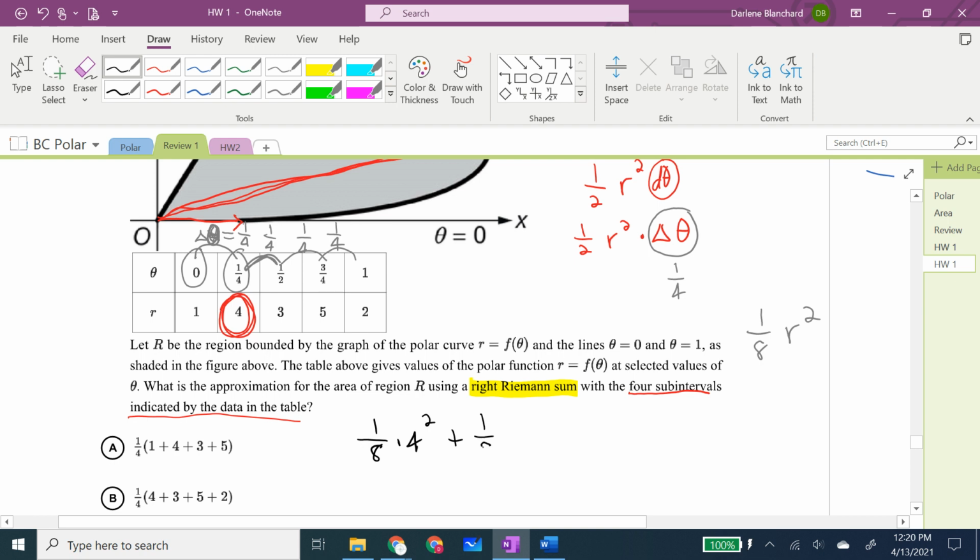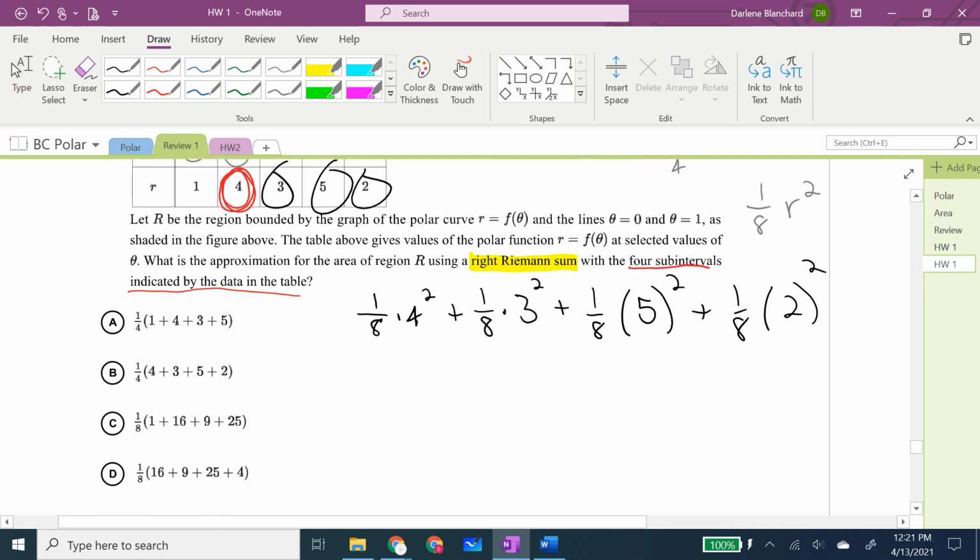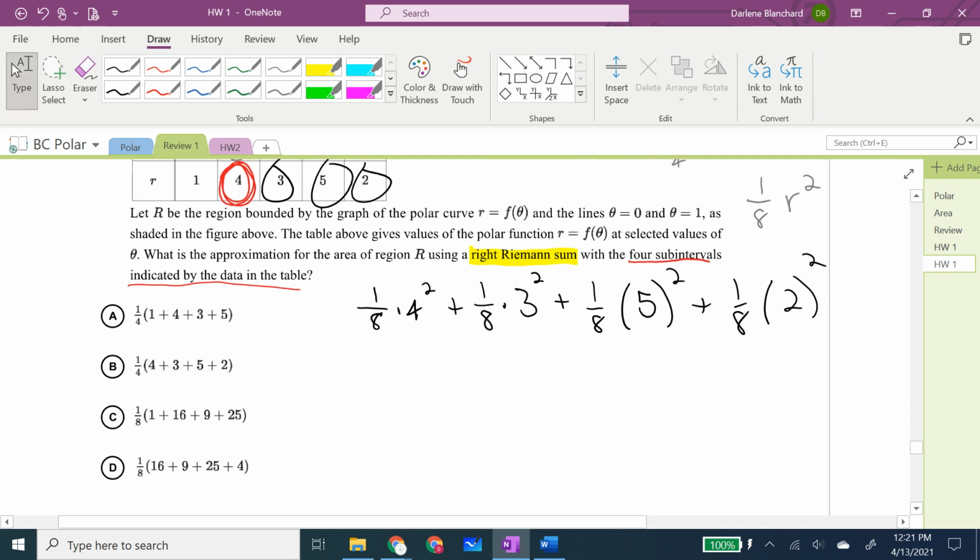Second one, 1/8 times 3 squared. And then we find that it is this one.